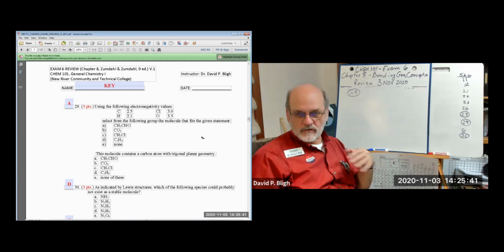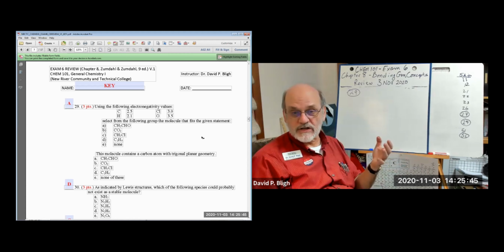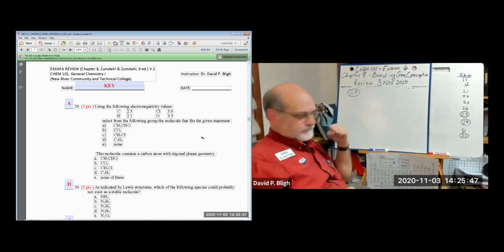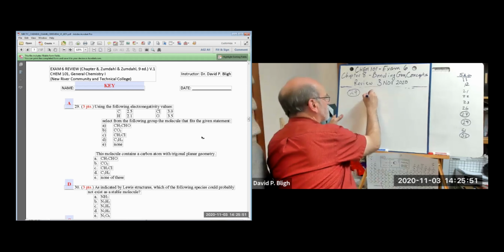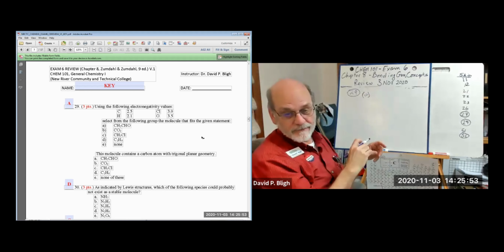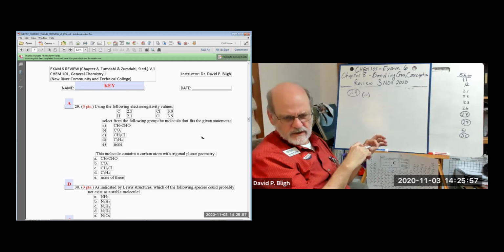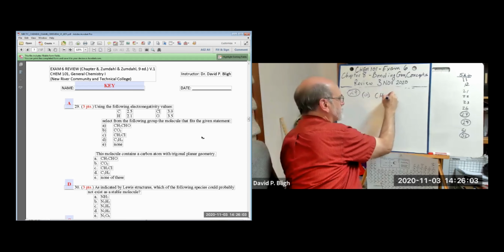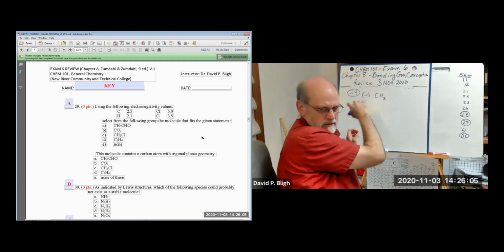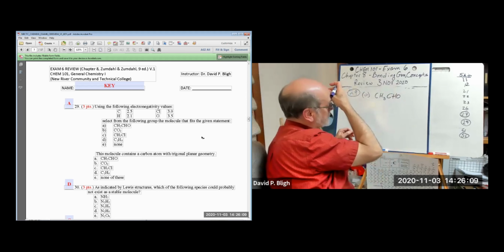So if we draw these Lewis structures and we look for trigonal planar geometry, let's just do them one at a time. I think we've done several of these before in previous problems. CH3OCH3. But I'll go ahead and draw them out.